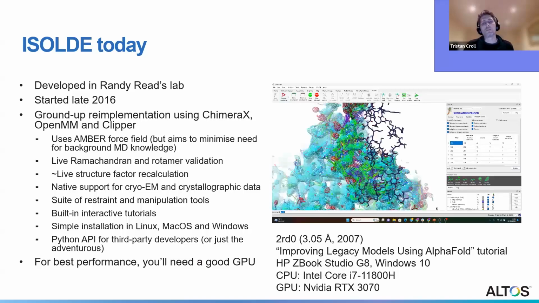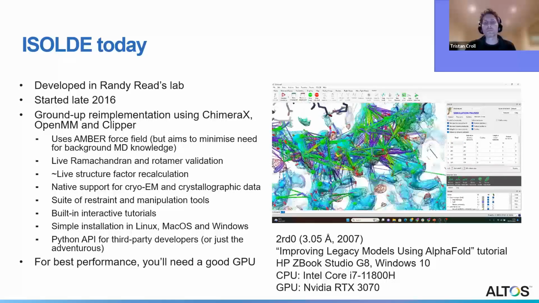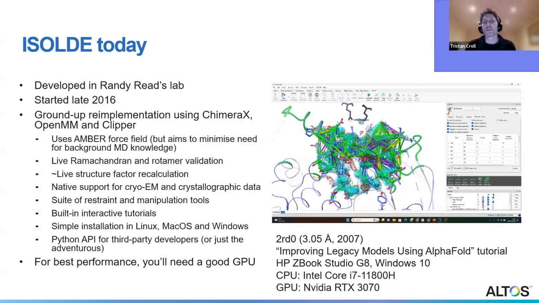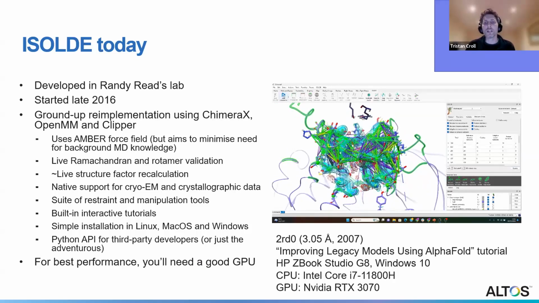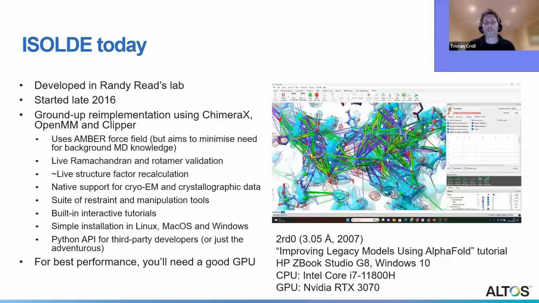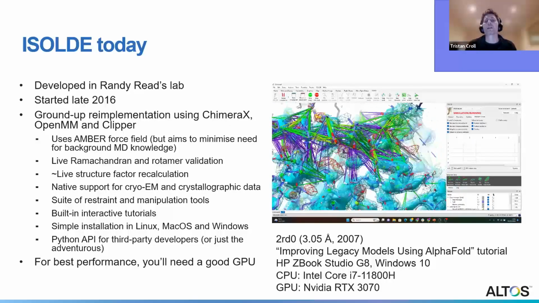So I'm using the Amber force field, but one very important thing to me that I've always tried to do with this is to make sure that while ISOLDE uses molecular dynamics as its toolkit, it never relies on the user to actually know the nuts and bolts of molecular dynamics. It aims to be simply plug and play as much as possible.